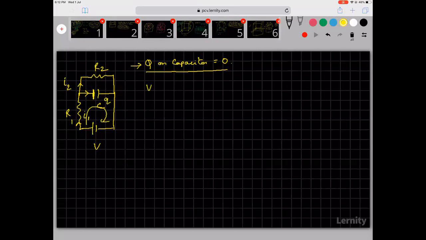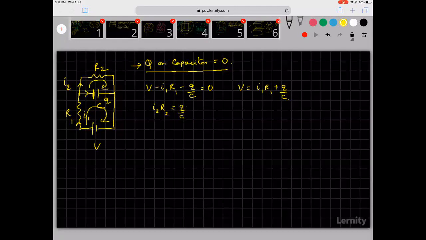I'll get V minus I1 R1 minus Q by C is equal to 0, or V is equal to I1 R1 plus Q by C. So this is one. Second, this is a closed loop here, so you will get I2 R2 is equal to Q by C.